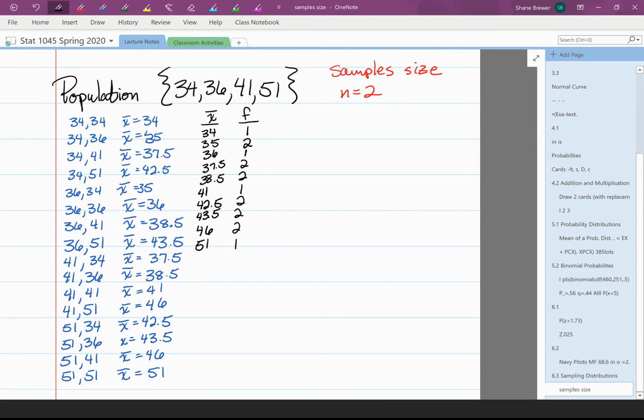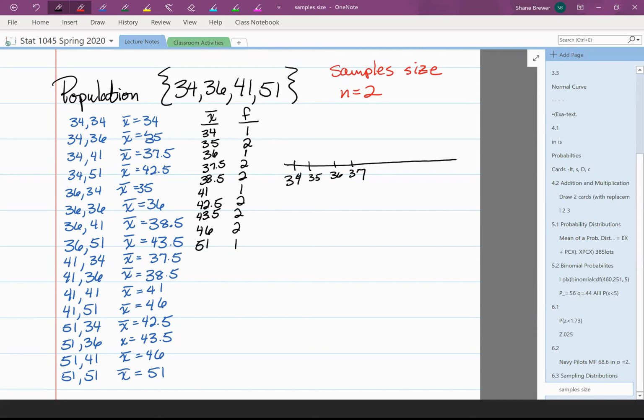And so the distribution, I'm not going to draw it. I'm going to let you imagine it, right? Here's 34, 35, 36, right? I mean, you can kind of see it. It's just this thing sideways, right?